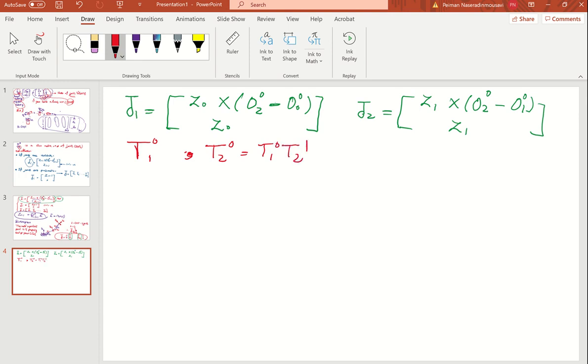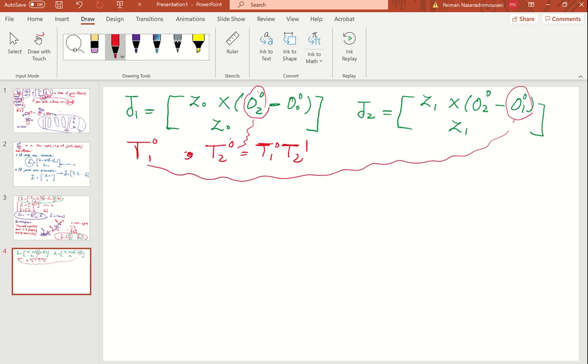I taught you this, and I'm pretty sure you had it in your midterms, right? So now let us calculate this one by one, because I have to find this from here, O2 with respect to 0. Bear with me. And O1 with respect to 0 from this 1 with respect to 0.